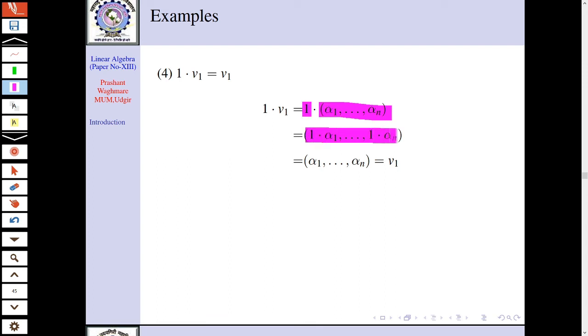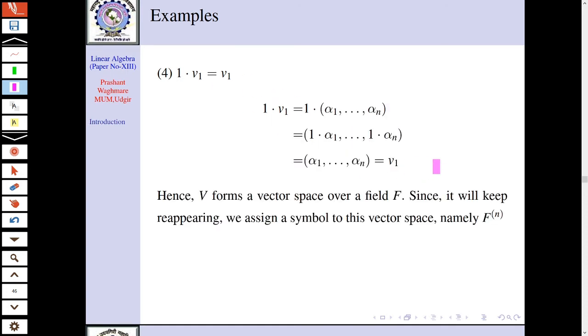Now 1 is an element of the field, alpha 1 is an element of the field, so 1 into alpha 1 is alpha 1 and so on, 1 into alpha n is alpha n. So thus what we got here is again v1. That's why 1 into v1 is v1, and it should happen for all v1. Yes, it happens. Hence V forms a vector space over a field F.